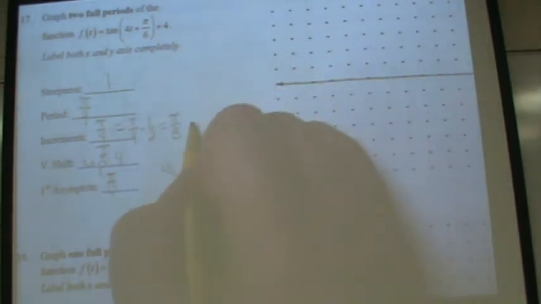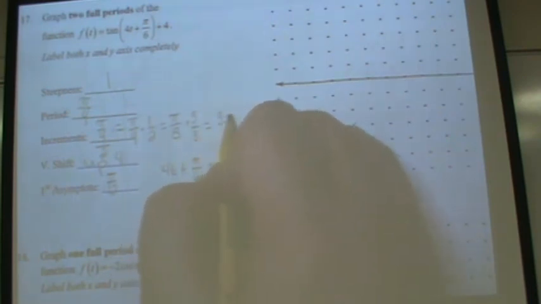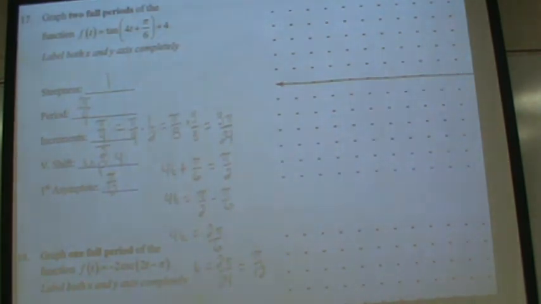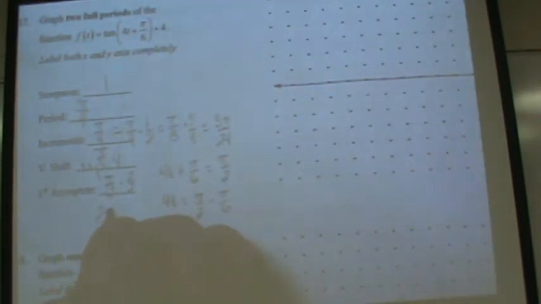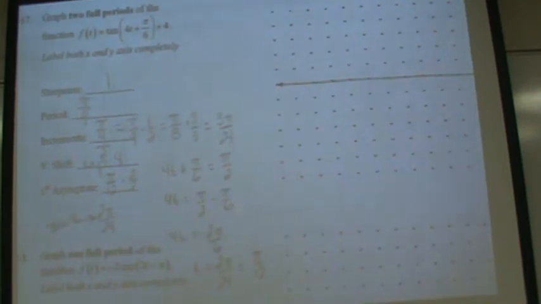So for the increments, we're going to multiply the top and the bottom by 3. So we're going to get 3 pi over 24, and that's how we're going to count now. And then for our asymptote, we're going to multiply the top and the bottom by 2. So we're going to get 2 pi over 24. And that is our start. That's where our first asymptote is going to be.